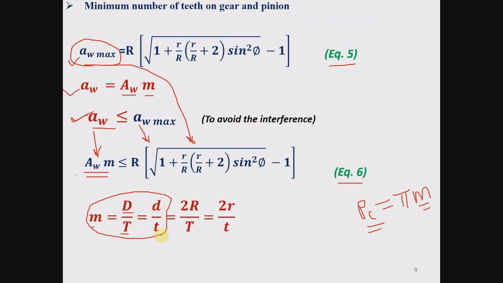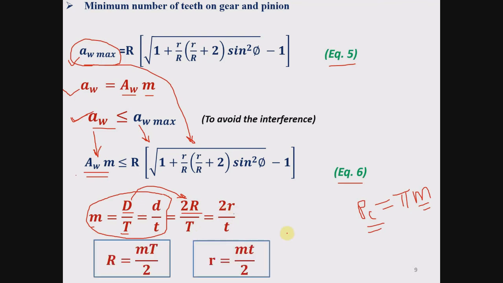So now what we have, D is the pitch circle diameter, which equals 2 times the pitch circle radius. So write down this: M equals 2R upon T. From this, we get capital R equals MT by 2.